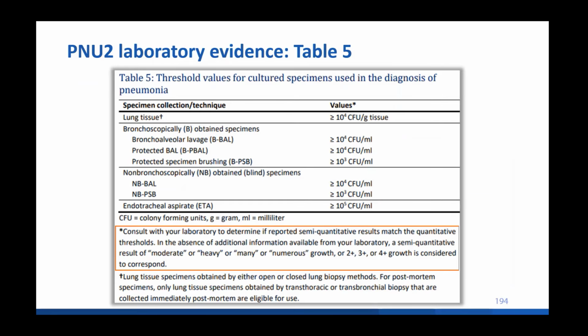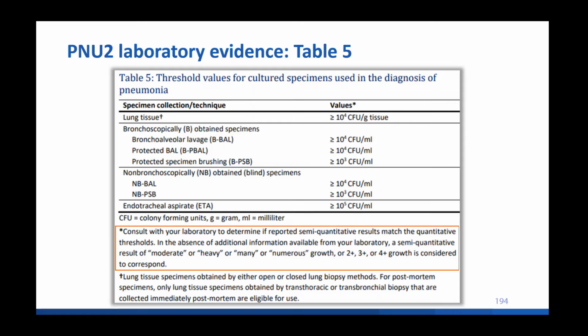So remember, the laboratory requirement is for a positive quantitative culture or corresponding semi-quantitative culture result. And Table 5 provides the threshold values of quantitative growth on culture that must be met for the eligible specimen types. If the quantitative thresholds are not met, or the semi-quantitative equivalents are not met, the culture results cannot be used to meet pneumonia.